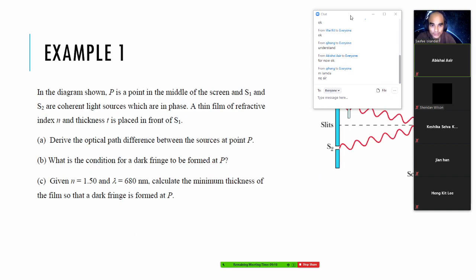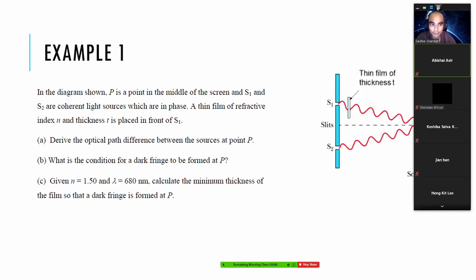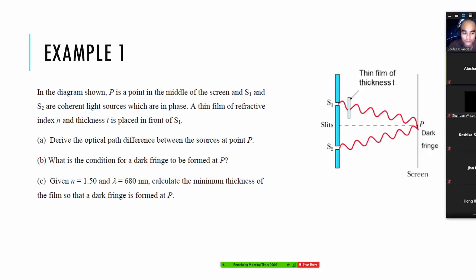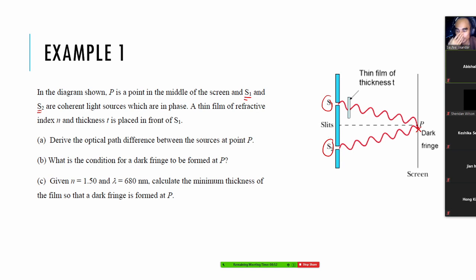So for this example, in the diagram shown, P is a point in the middle of the screen. S1 and S2 are coherent, which means in phase. A thin film of refractive index n and thickness T is placed in front of S1.